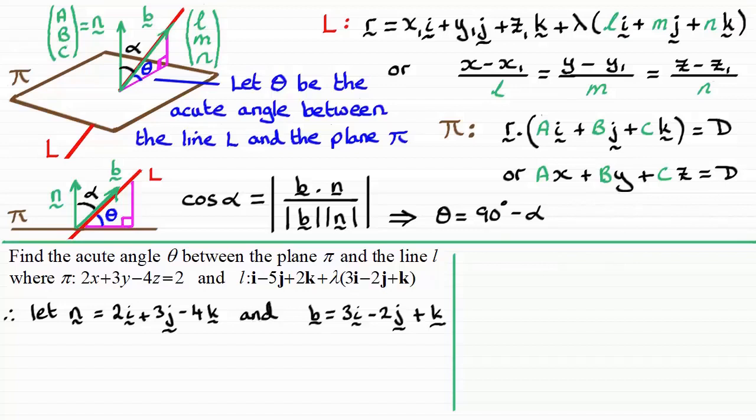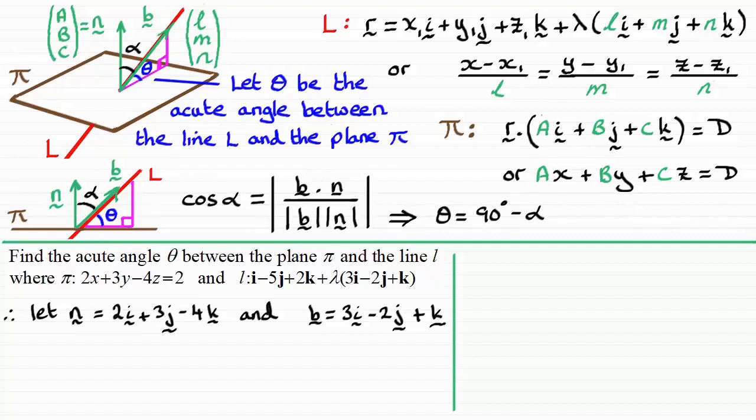Now I've just got to use this formula here, and you can use it, by the way, as n dot b over the magnitude of n times the magnitude of b. It obviously doesn't matter which way round you do it, as this is commutative.